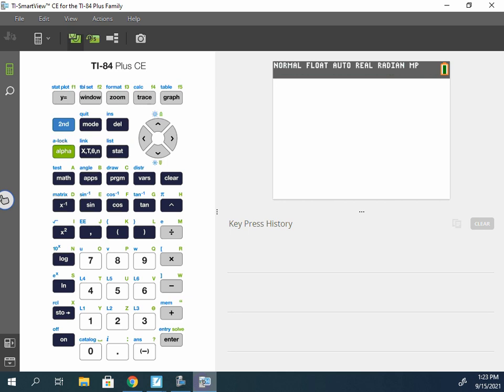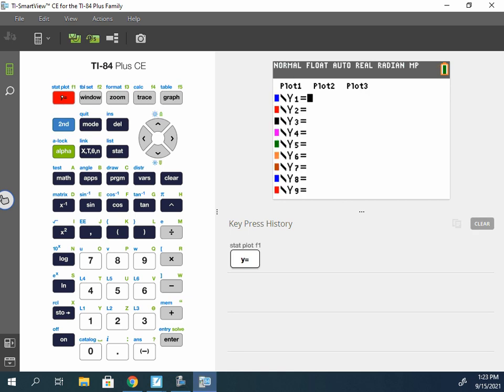Let's grab the graphing calculator. And let's see if we can get the rest of it using it. Okay, watch out. So we're going to start off with hitting y equals after you get it turned on. And what we can do at this point is plug the equation in.